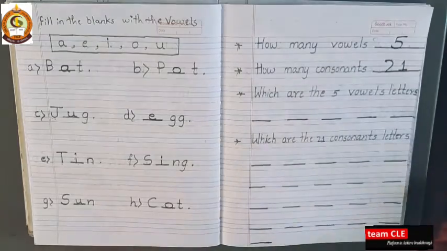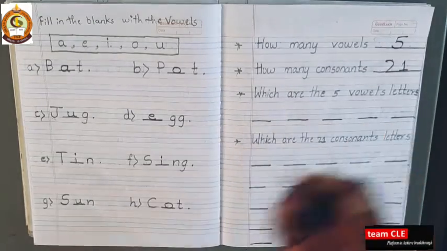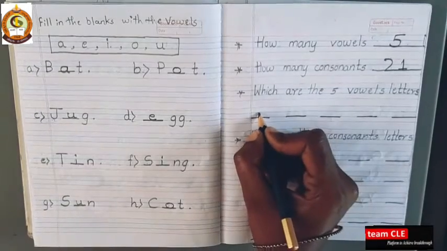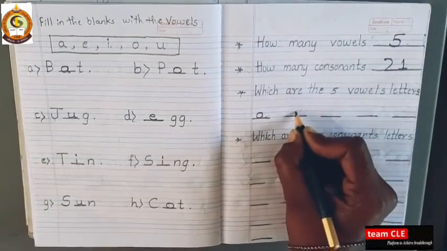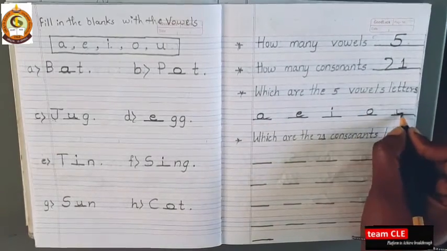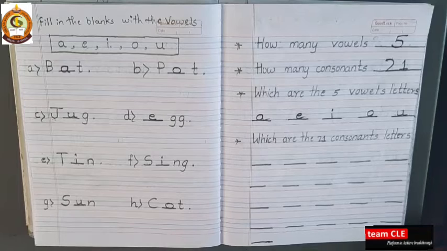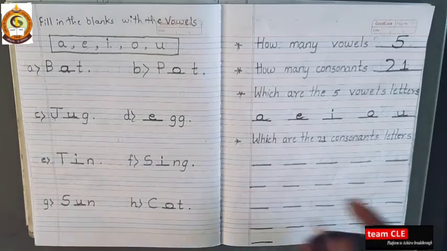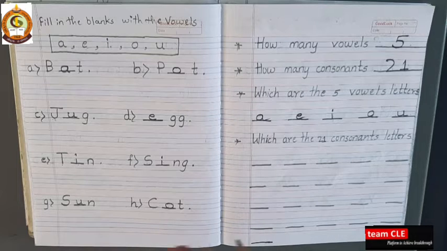How many vowels? 5 vowels. So which are the 5 vowels? I will write A, E, I, O, U. So these are the 5 vowels. And the remaining letters are consonants, 21 consonants.